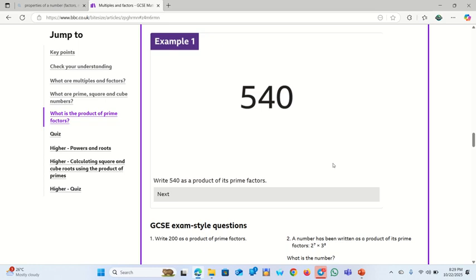5.4 times 10 to the power of 2. You say what? To the power of 2, which is 5.4 times 100.